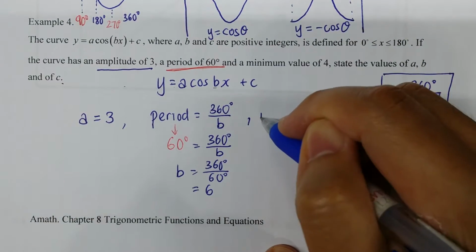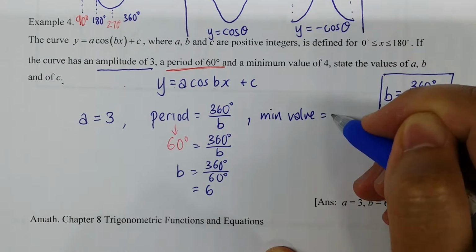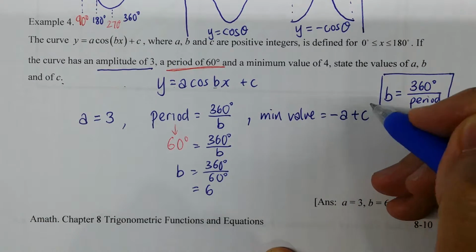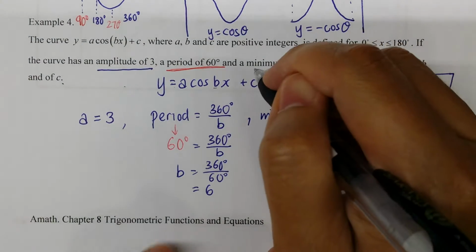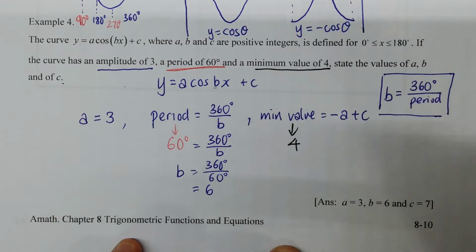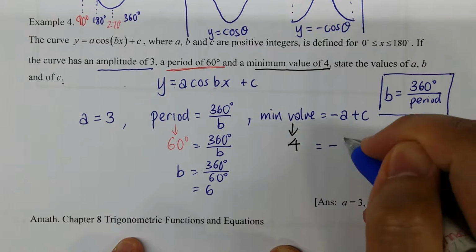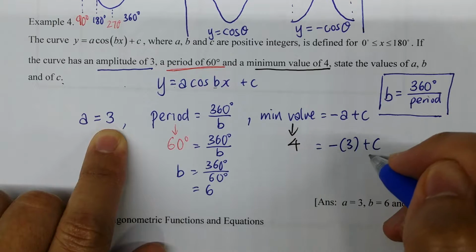So minimum value equals negative a plus c. I don't have another color pen, so let's use black. Minimum value of 4, so I write 4 equals negative a, which is 3, plus c.